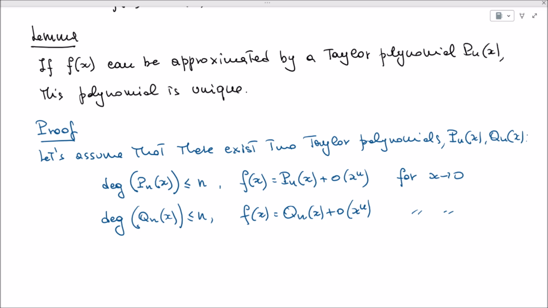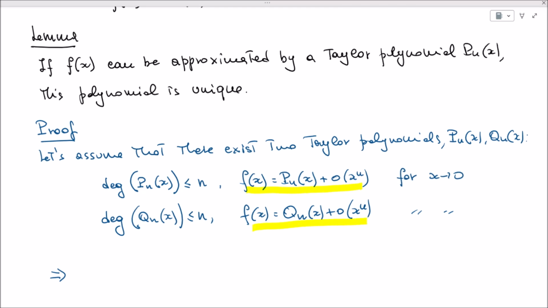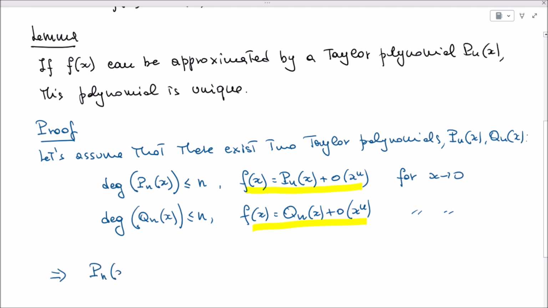Now, with these two properties, we can also say that if we take the difference of these two expressions, what we get is that Pn of x minus Qn of x is of course going to be a new polynomial, and this polynomial would have a degree which is less than or equal to n.